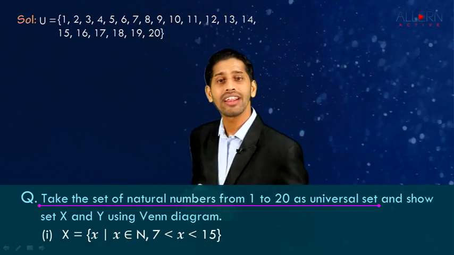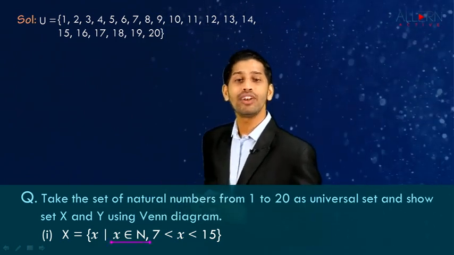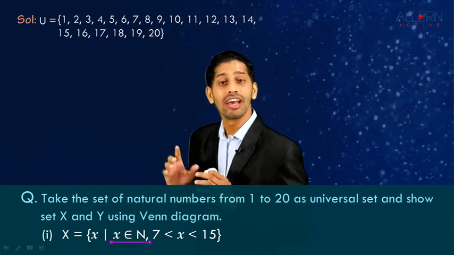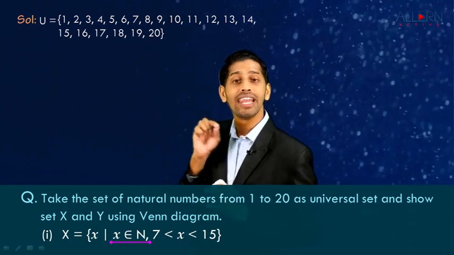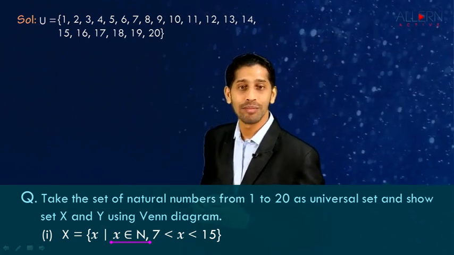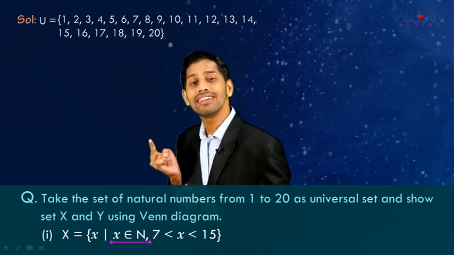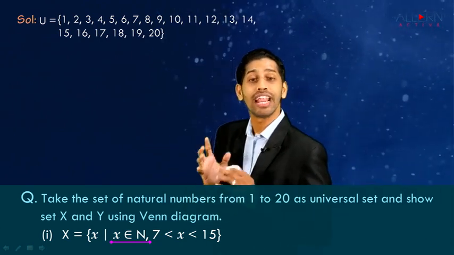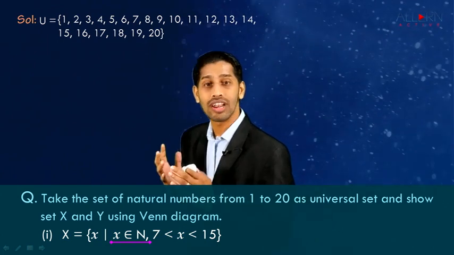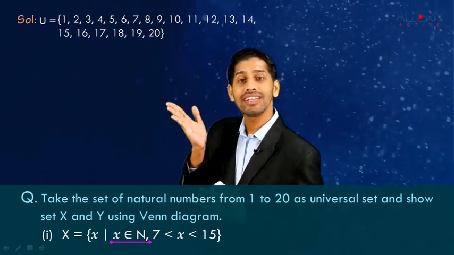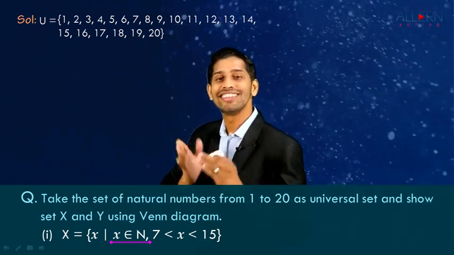It says that x is an element of natural number. That means for set X, its elements will be natural numbers such that x is greater than 7 but less than 15. That means we need to write those natural numbers which are greater than 7 but less than 15.